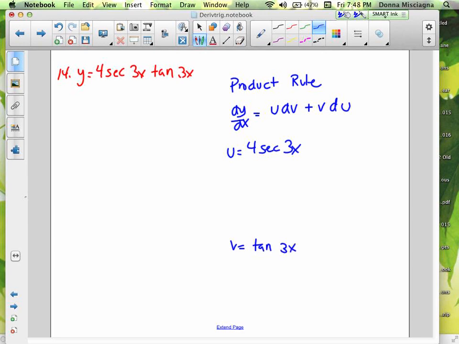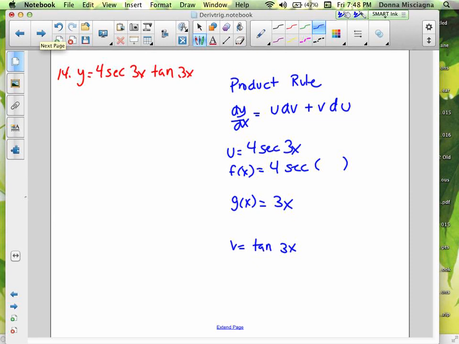So we want to take the derivatives of those, and I know that's going to take us a little bit of space because both of them are chains. Our du is, well, first of all, let's talk about the outside portion. The outside portion is the 4 secant blop, and then our inside portion is the 3x.